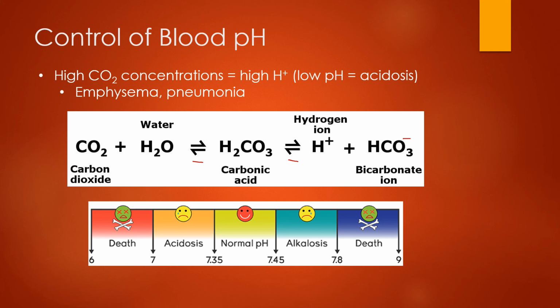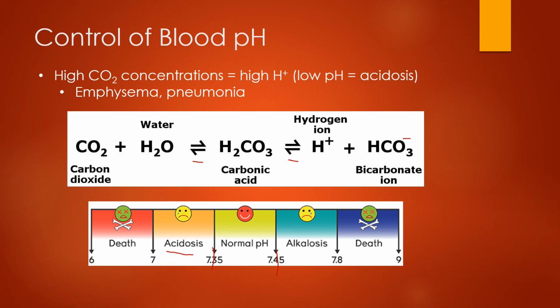We want to maintain our pH between 7.35 and 7.45. That's normal pH. If we go lower than 7.35, we can get what is called acidosis. And we're going to look at this example first and see how exactly that happens.